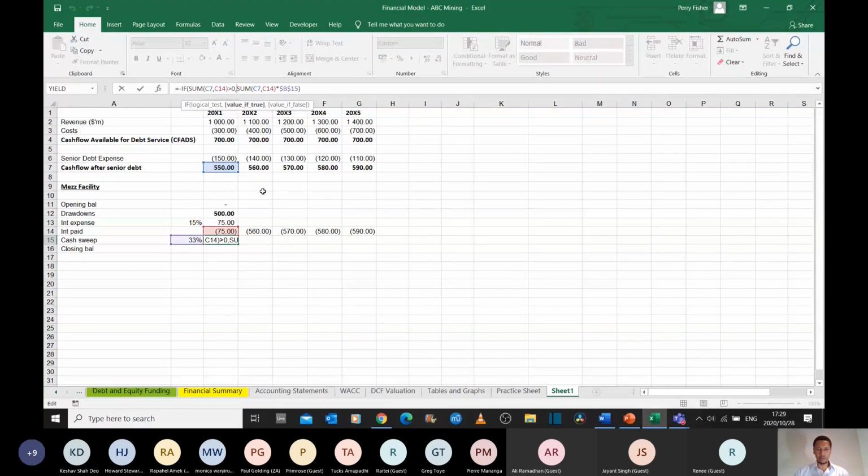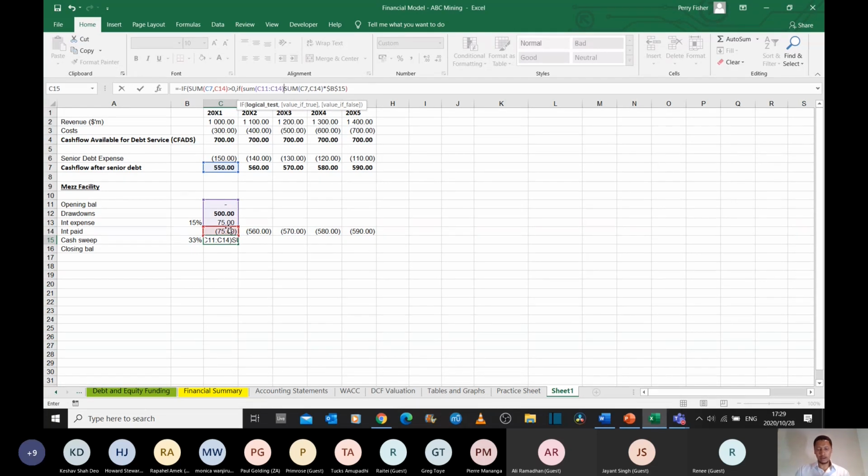Okay. So what I can then do is I can put another if statement there. I can say if the value of my debt outstanding, which is simply your opening balance, your drawdowns, any interest incurred, and any shortfalls, I'm just going to include all of that.